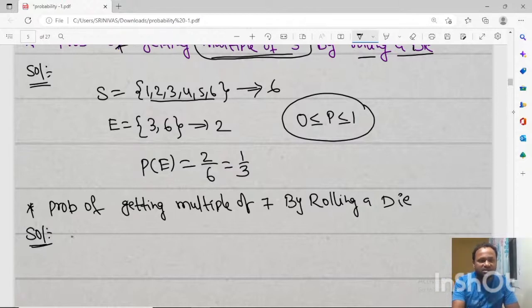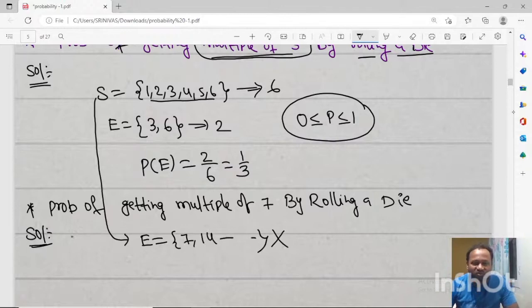Actually, we have the sample space here. So in this, what about E? Multiple of 7 is equal to 7, 7 ones are 7, 7 twos are 14 and so on. But we didn't have it, because we have only the numbers between 1 to 6.